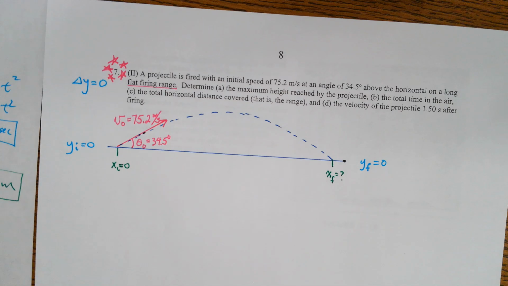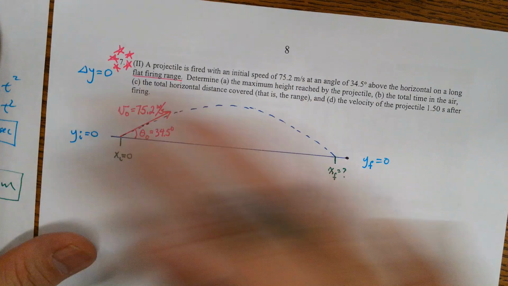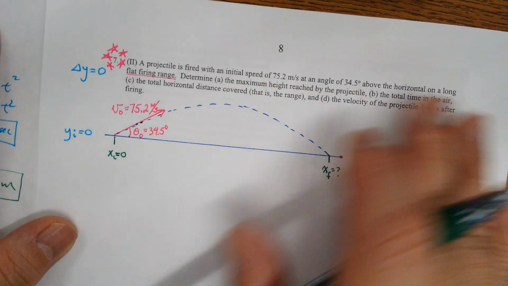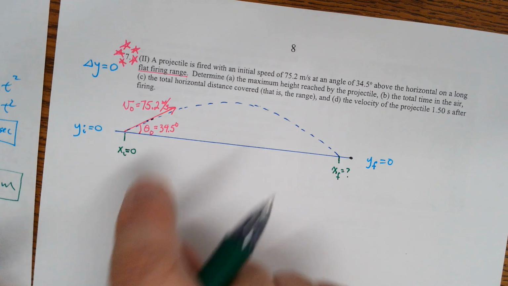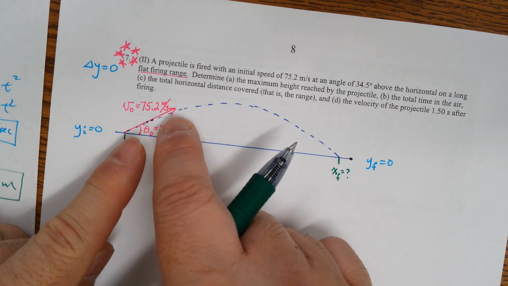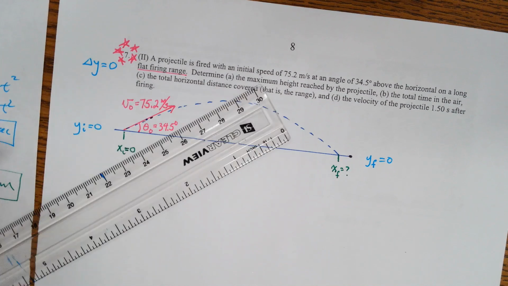So we know this so far. Before I even start doing part A, B, C, D, I'm going to break V naught up into Vix and Viy first. That's the first step that I should always do.